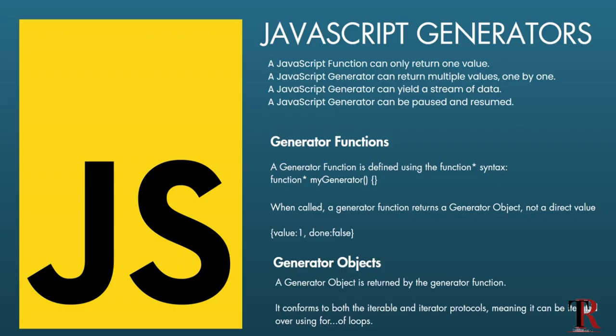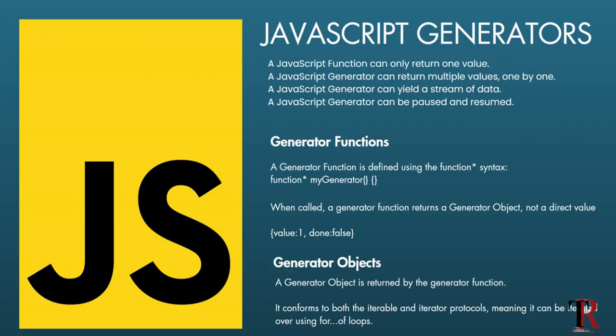And those protocols mean that whatever iterator or iterable process must have those two properties, the value and the done. So the generator object conforms to it as well, which makes it valid or eligible for the use of for-of loops on its elements, or children, or items, or whatever we want to call them. So it follows the iterable and iterator protocols, and that is what makes it valid for the use of for-of loops.